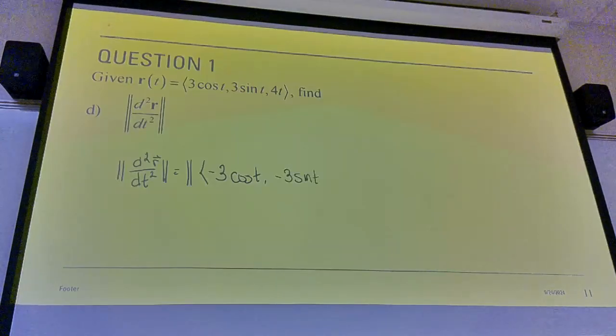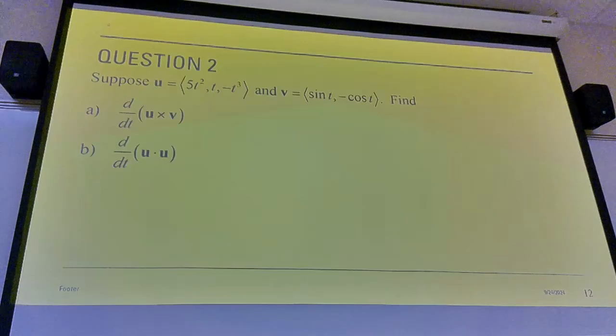So what's its magnitude? Quite clearly, right? This one I think I will also split into two.